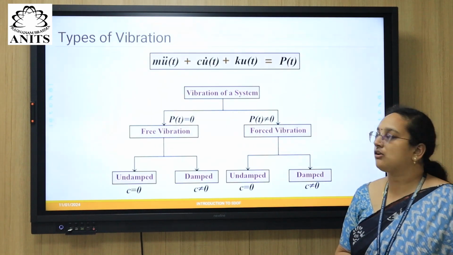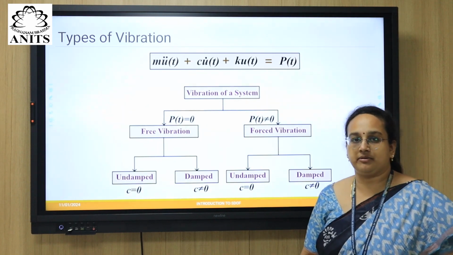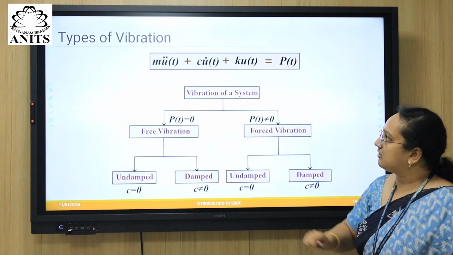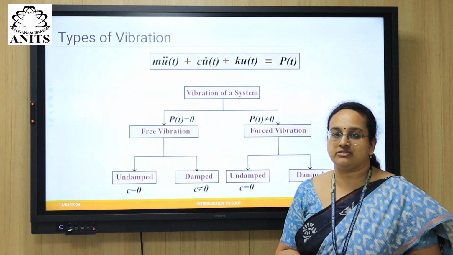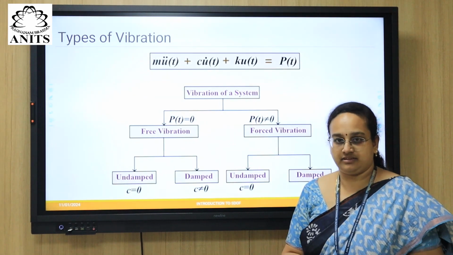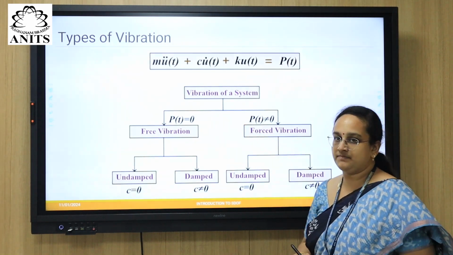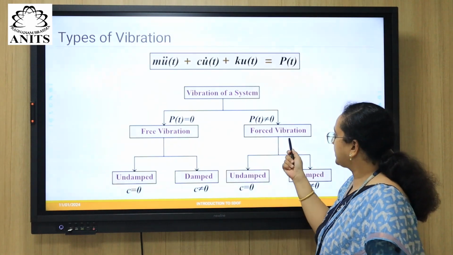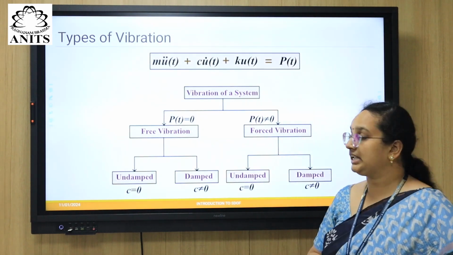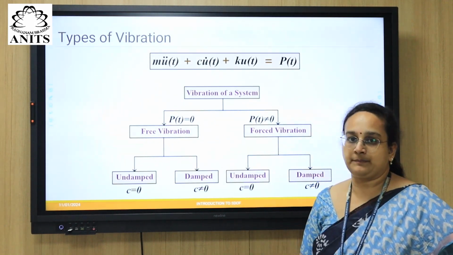From this, we can also define types of vibration. Right? Through this dynamic equilibrium equation, we can define types of vibration because we need simplifications to understand the system behavior, the structure's behavior. For that, the total vibration of a system can be divided into two kinds. One is free vibration. The second one is forced vibration. That means if P is 0, what is going to happen?